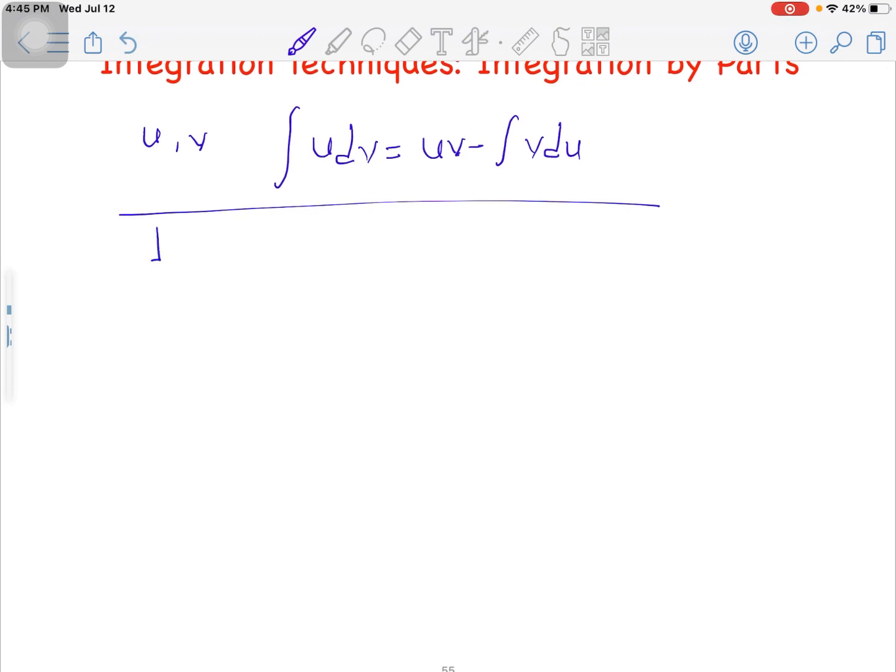Let's take the product rule, let me write it this way, d/dx of uv. When you are learning your calculus 1, we normally apply the product rule when you get two separate functions.